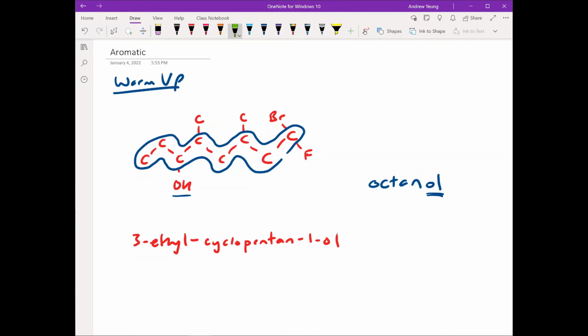Later on, these are going to be 8, 8. I still want to count it left to right so that my alcohol group actually takes priority. My alcohol group, not necessarily at position number 1, but it happens to be at the smallest number possible. So you could either say octane-3-ol, or just put the 3 in front here. That just tells you where that hydroxy group is, that special functional group is.